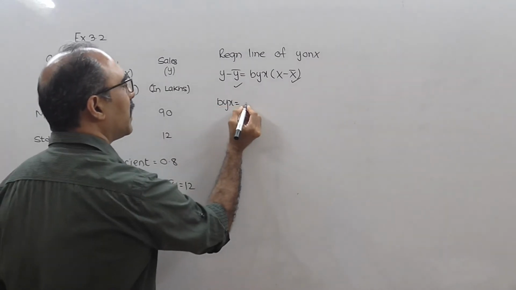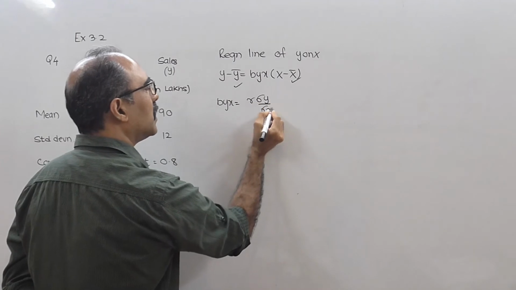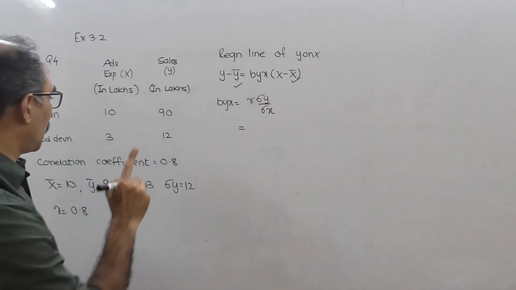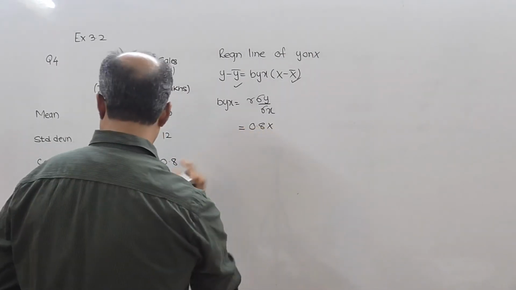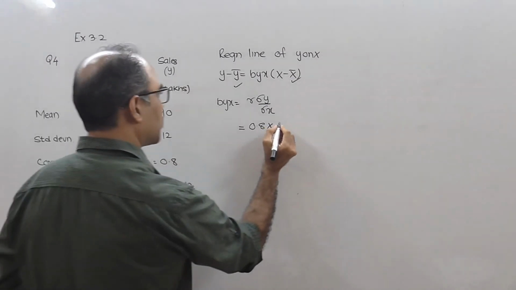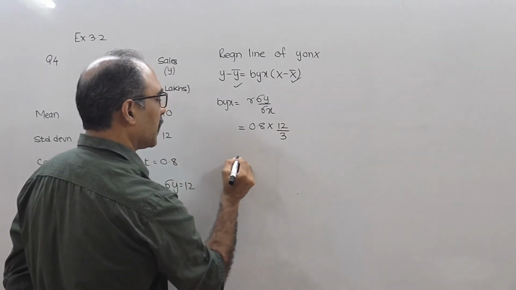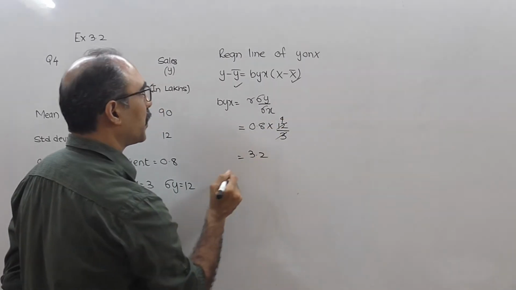For b y on x the best formula to use is r into standard deviation of y upon standard deviation of x. That is the fourth formula. So r is 0.8, standard deviation of y is 12, and standard deviation of x is 3. So this goes 4 times, and the answer for this will be 3.2.